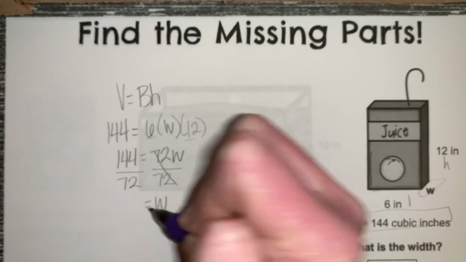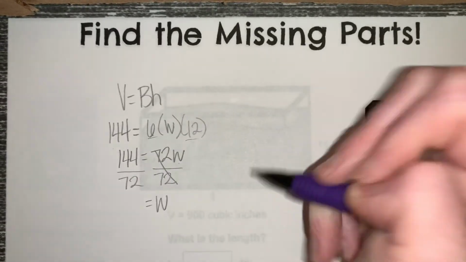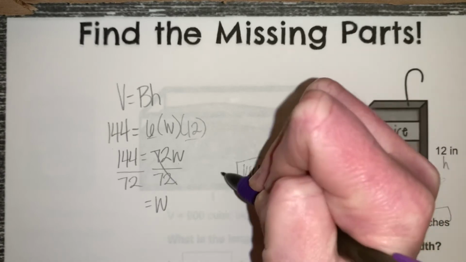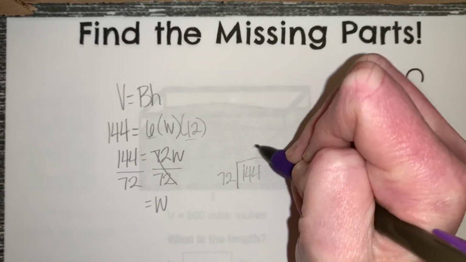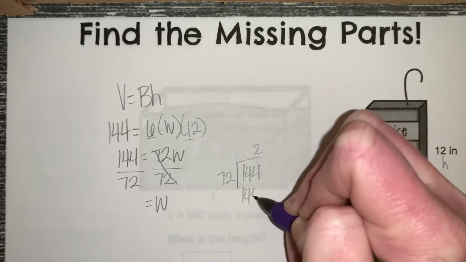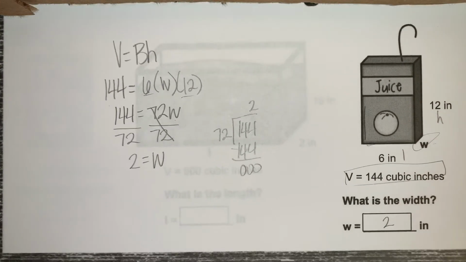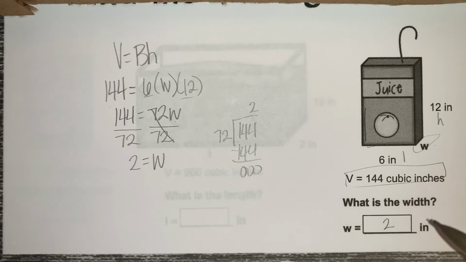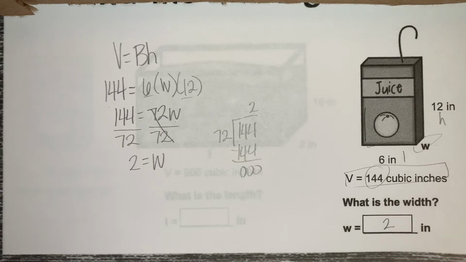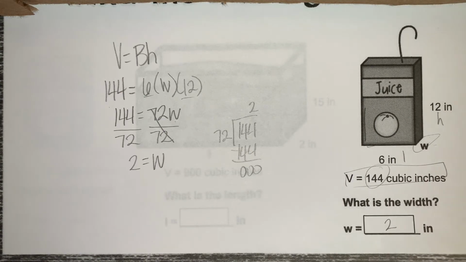That leaves W. So we've isolated the variable, and we divide 144 by 72, and we get 2. So that means the width is 2 inches. If you multiply 6 times 2 times 12, you would get 144. So you're isolating the variable to find out what the variable is equal to.